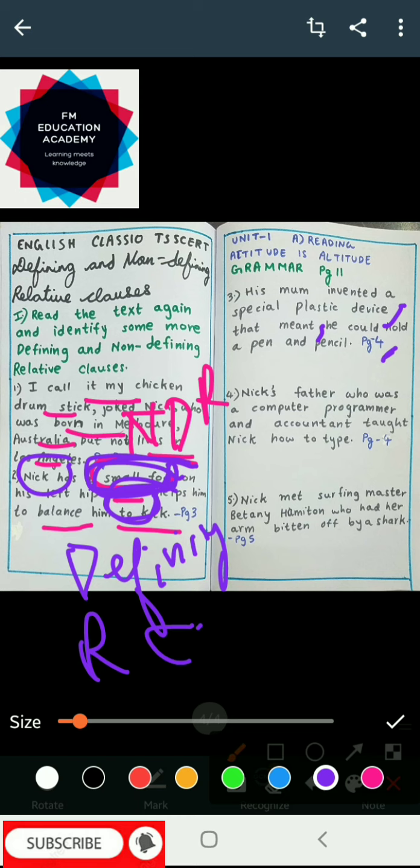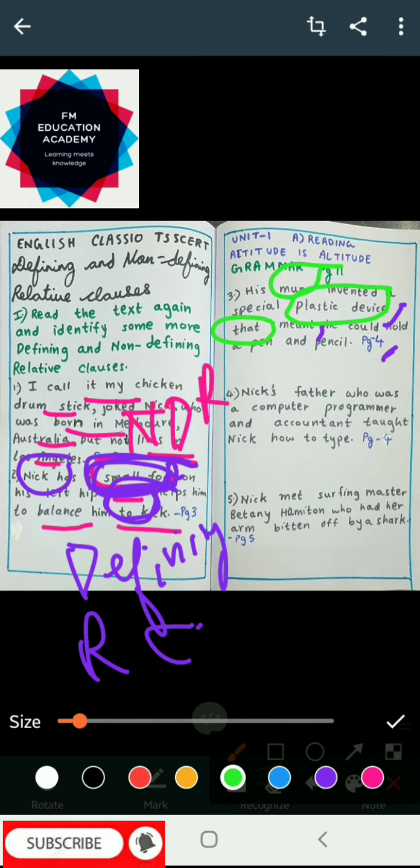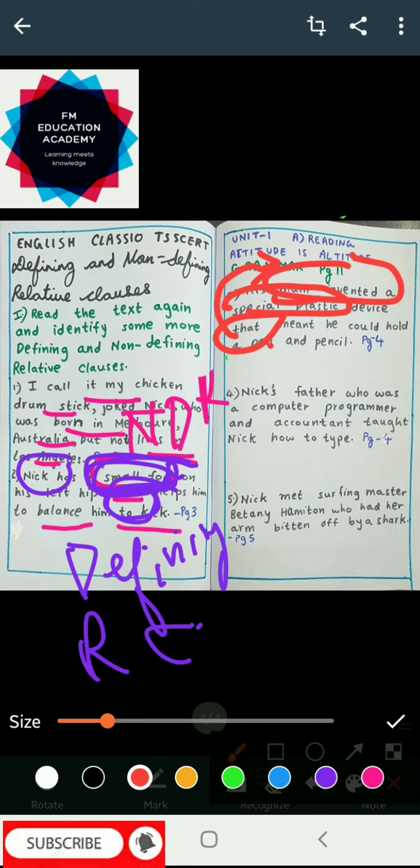What is helping him to hold? That is related to the plastic device. What did his mum do? His mum invented a special plastic device. So that is a must to say. Whatever is a must to say, those types of sentences we know are defining; a special plastic device is being defined by that.